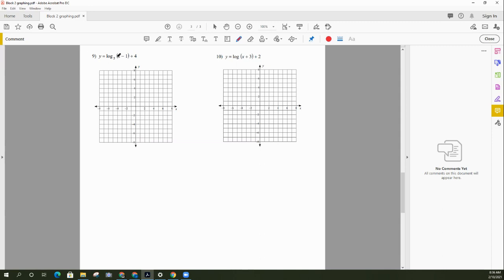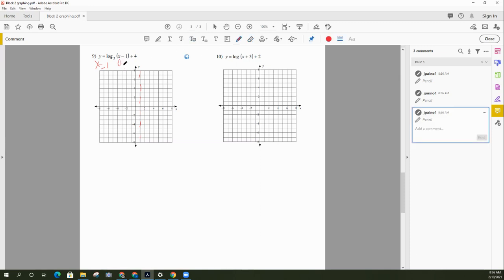Okay, question 9, log base 5 of x minus 1. So again, my vertical asymptote here will be positive 1. x equals 1. My domain is 1 to infinity.